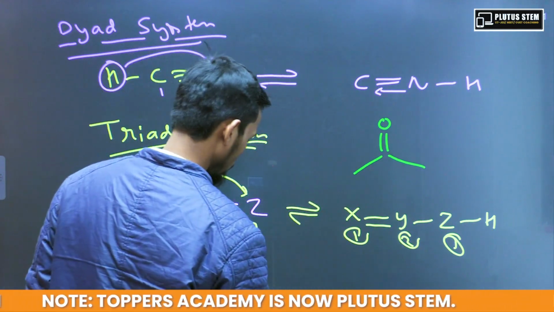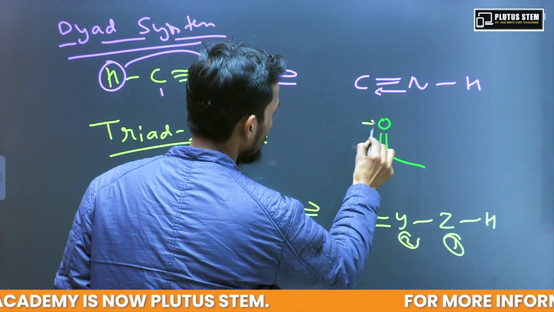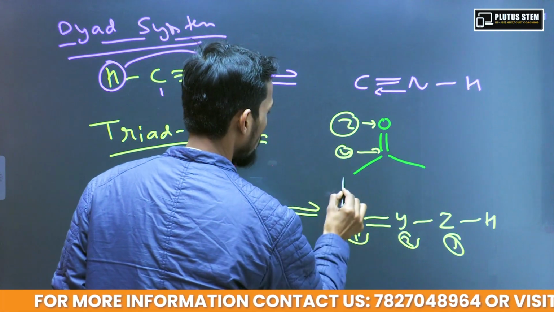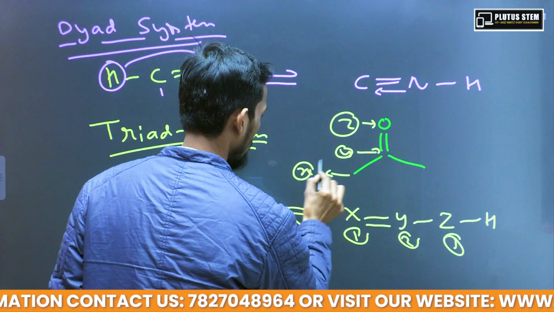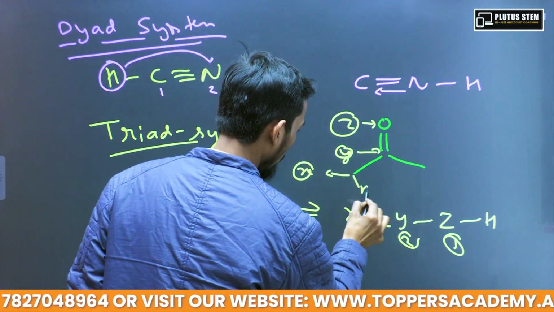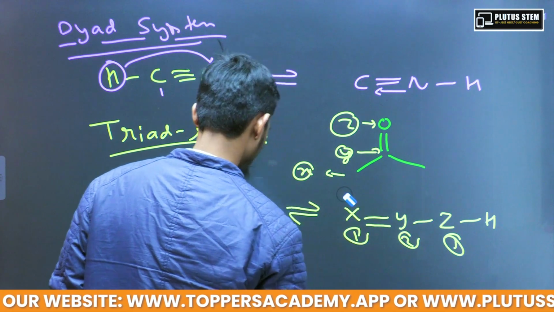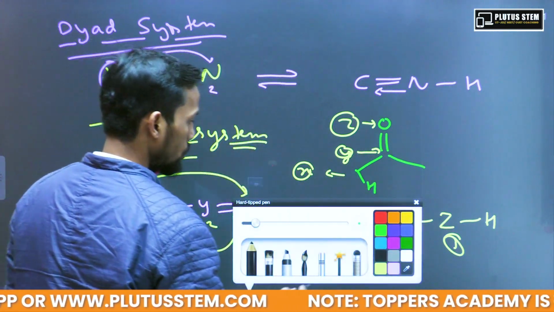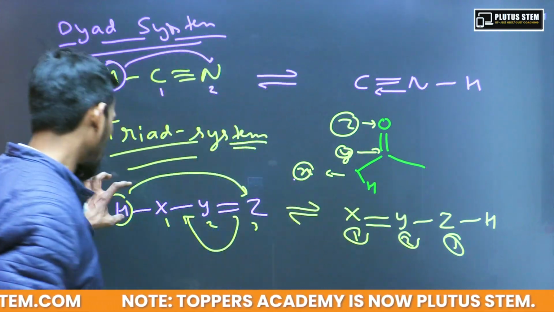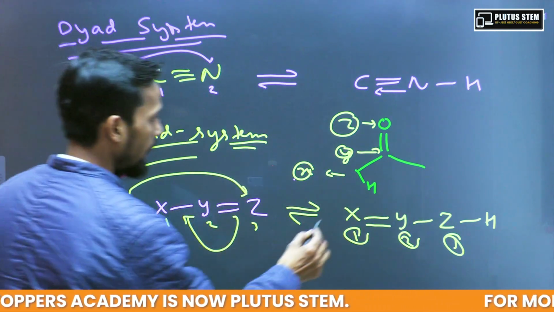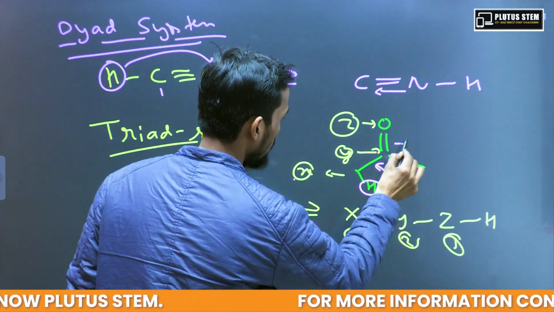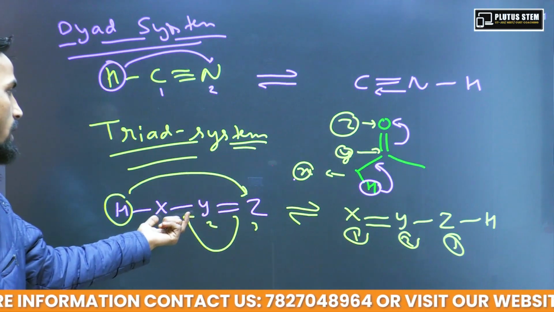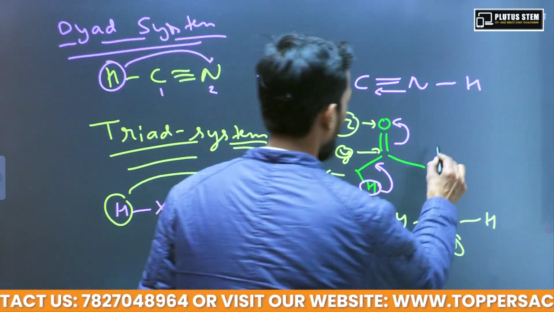So this is Z, this is Y, and let's say this is X, and over here is hydrogen. You can see this hydrogen at X, what will it do? It will move like this. This bond is coming over here. Visualize the thing, and we will get a product like this, enol.